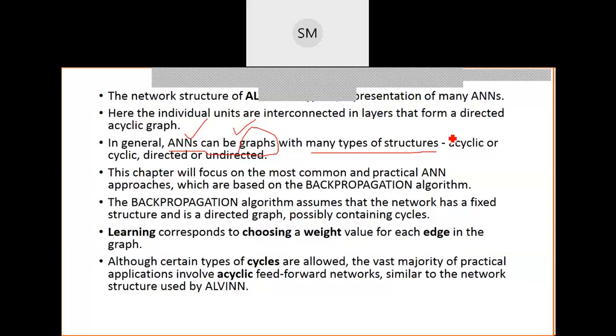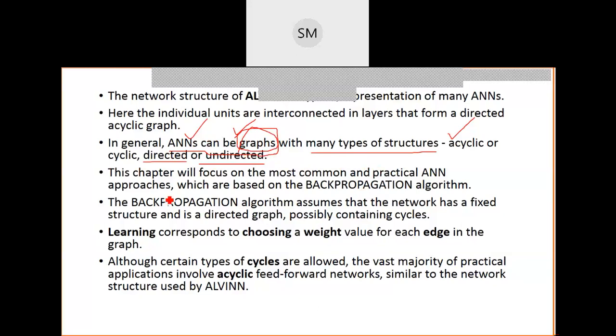These graphs may be cyclic or acyclic, and they may be directed or undirected. Directed or undirected means edges with arrow marks or without arrow marks. So artificial neural networks are represented in the form of graphs.